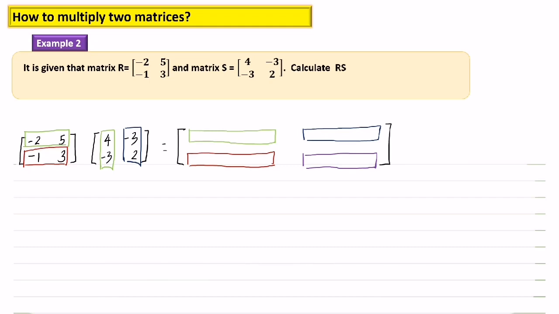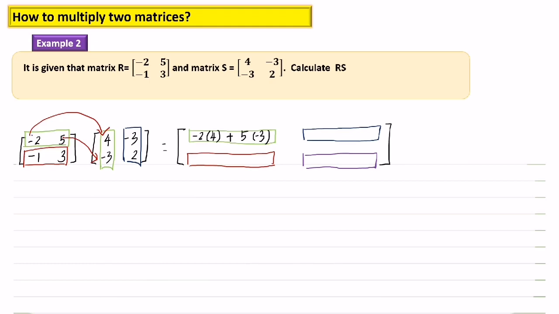For first row, first column: first number times the first number, plus second number times the second number. That means negative 2 times 4 plus 5 times negative 3.